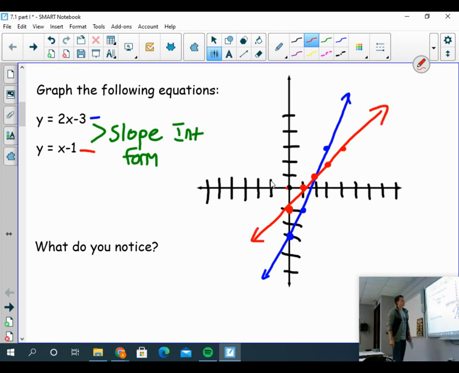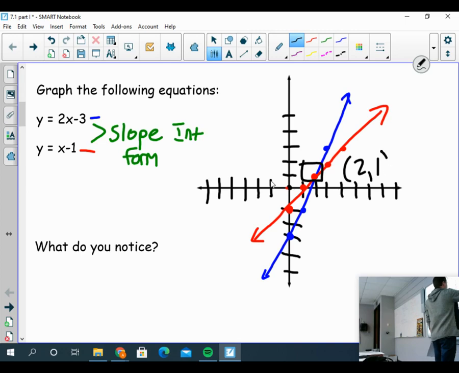And what do we notice? Well, what I hope you recognized is these lines cross each other. And these lines specifically cross each other at the point (2, 1). The lines intersect, that's our math word we're going to use, intersect at the point (2, 1).